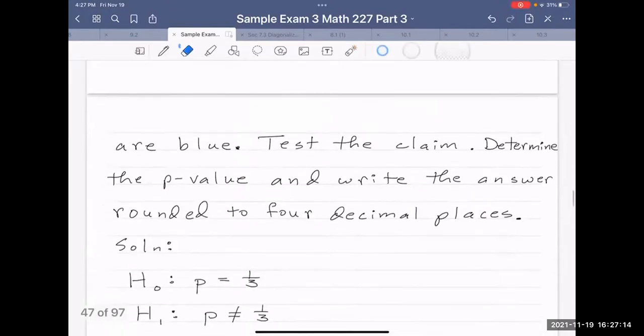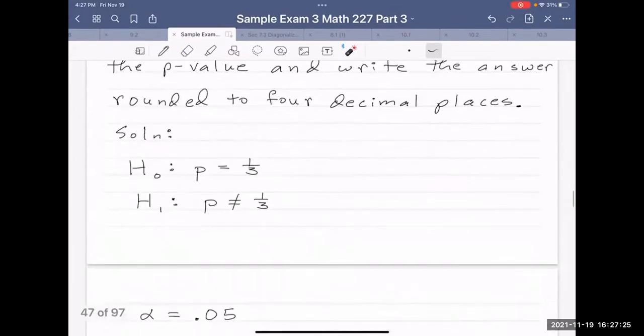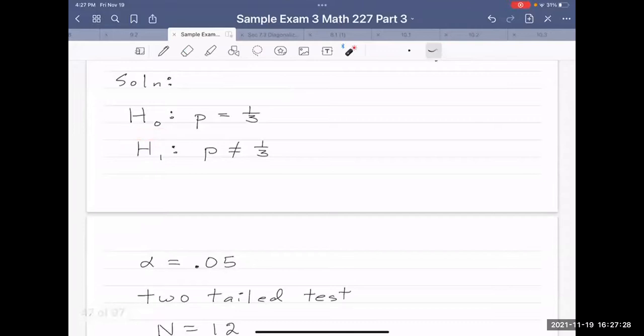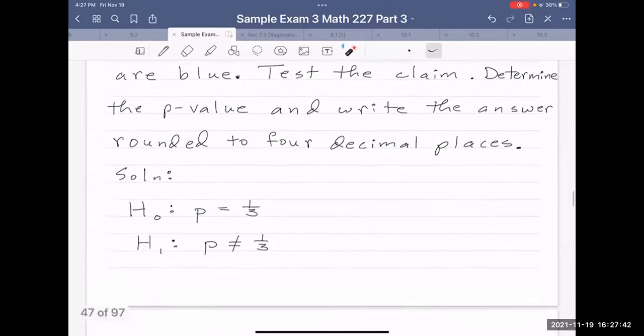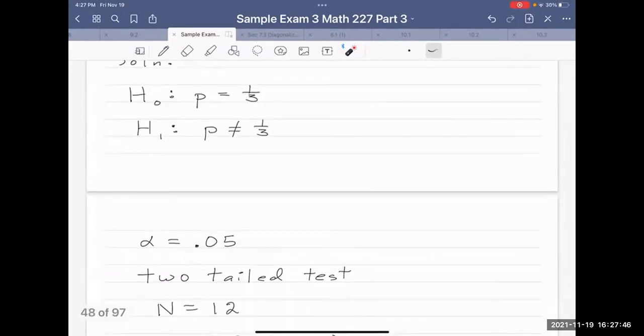So let's do that. We're testing, the claim is that 1/3 are red. So success in this case is that you have a red marble. So the null hypothesis is that the population proportion is equal to 1/3. The alternative hypothesis is that p here is not equal to 1/3. Alpha equals 0.05.